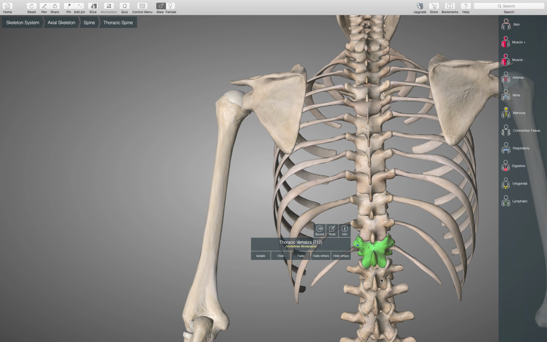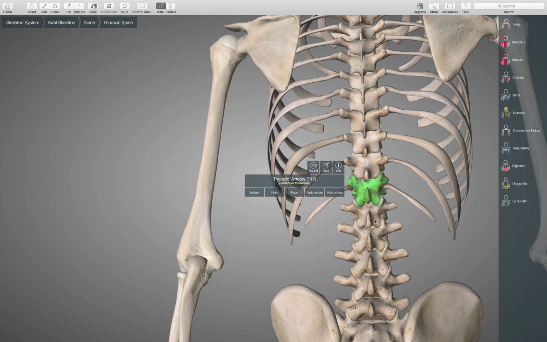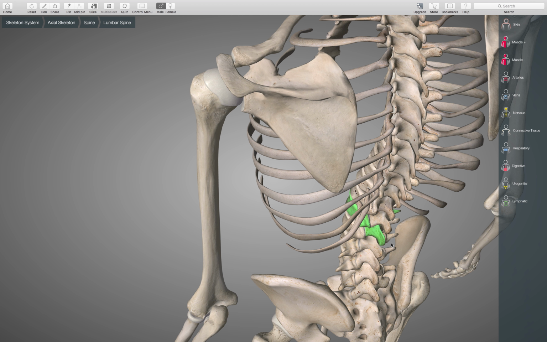And then come the lumbar vertebral bones. Lumbar bones are relatively larger.